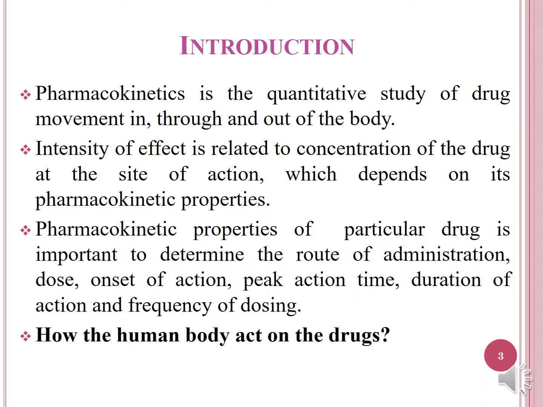So when will the action start, at what time can you expect the peak action time, how long the effect is going to last, as well as at what interval the dosing should be given to a patient or a drug taker. All these things are part of the pharmacokinetic studies. So overall, pharmacokinetics means what the body does to the drug.